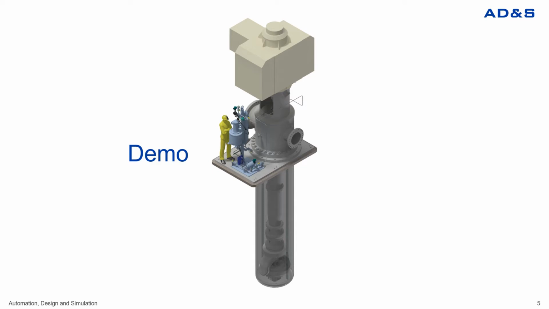Before we actually look at the 3D model and explain the main features of the application, let me give you a little bit of context. The part that we will be working on is this component right here. In my line of work, that is called a sole plate.